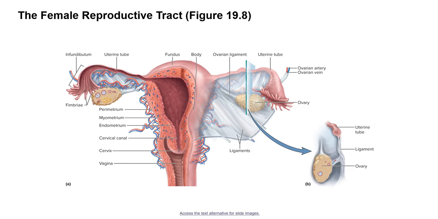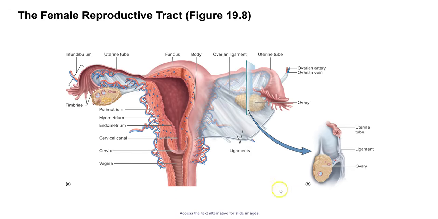But this is another reason why the semen, which is produced by the male, is typically going to be a little bit more alkaline in nature, and that is to protect those sperm cells as they enter the female reproductive tract from being damaged by the acidity inside of that vaginal canal, again due to that low pH, which is typically caused by lactic acid in the vaginal canal, which is produced by certain types of bacteria that are present in that canal that are there really to help prevent certain types of pathogen growth or other types of bacterial growth in the vagina.